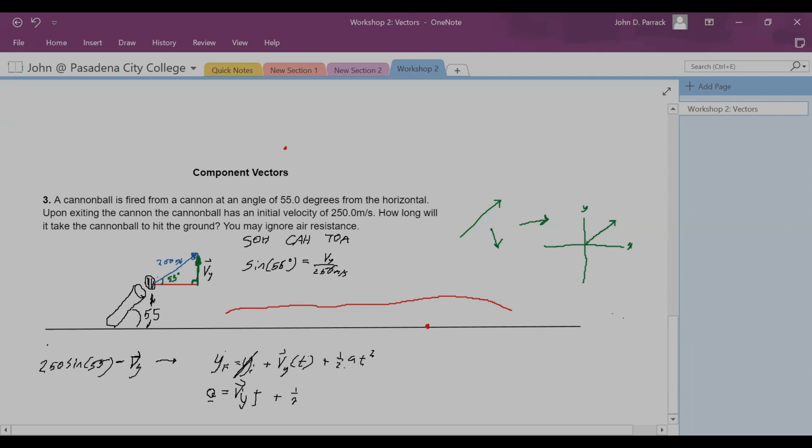The only source of acceleration once the ball has been launched, the cannonball is flying freely through the air. So the only force acting on it is the gravity, right? They tell us to ignore air resistance. So this is just going to be a negative g. The acceleration is just negative in the direction and equal in magnitude to the little g, acceleration due to gravity. And this is times t squared.